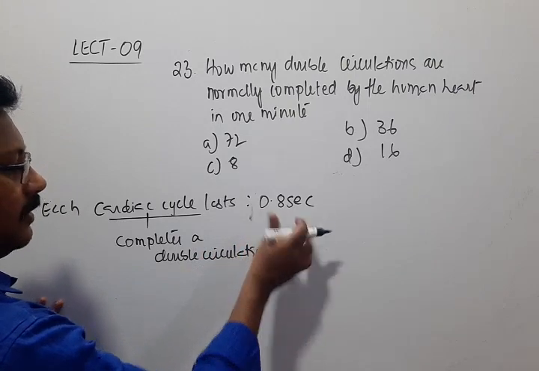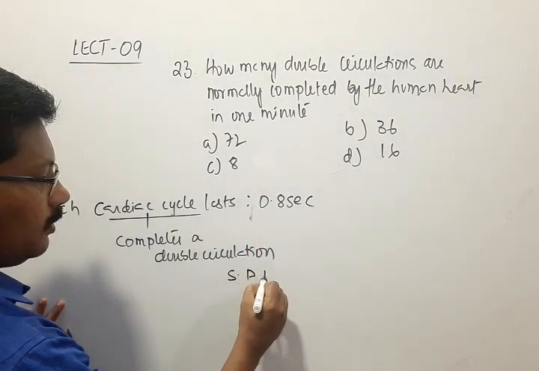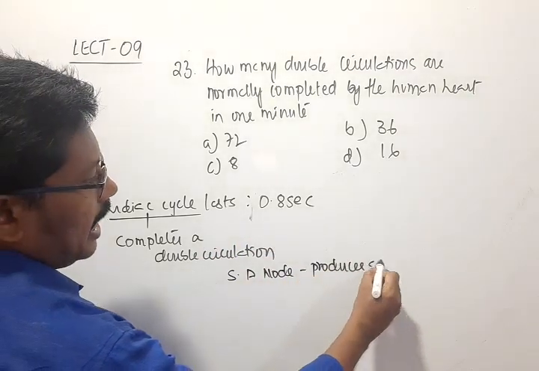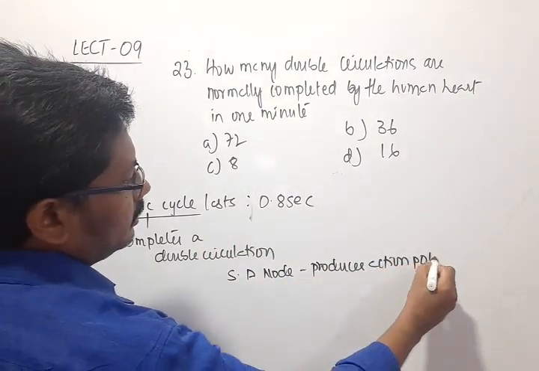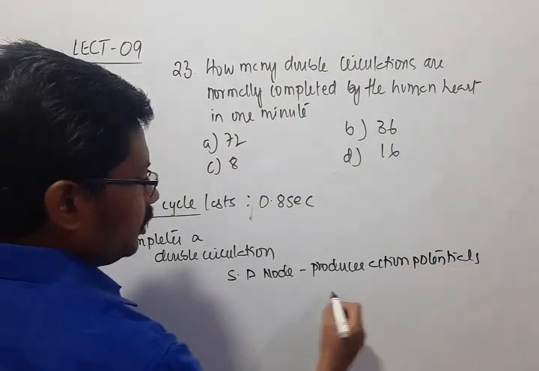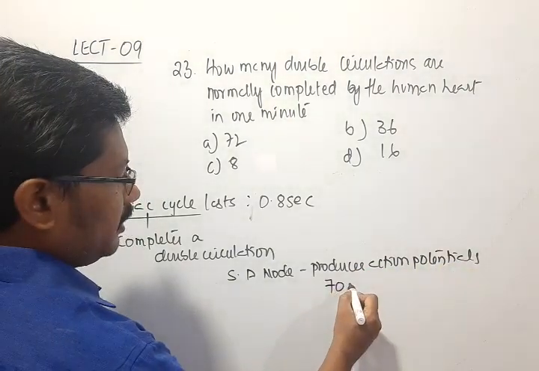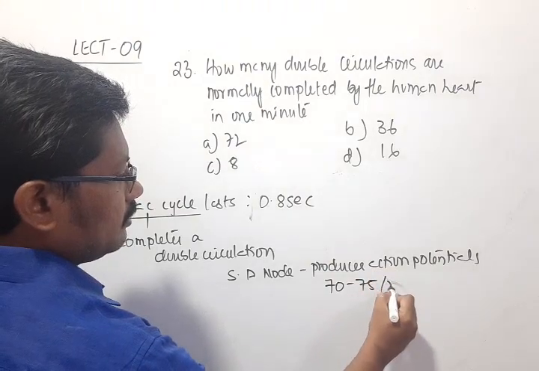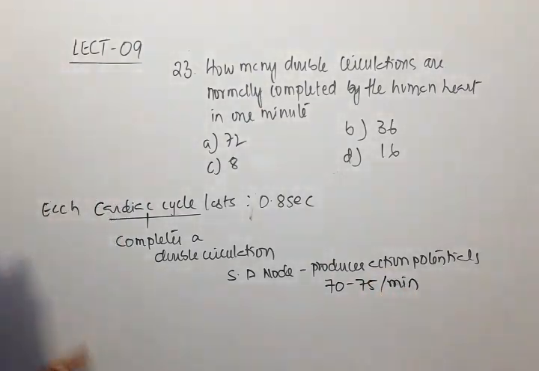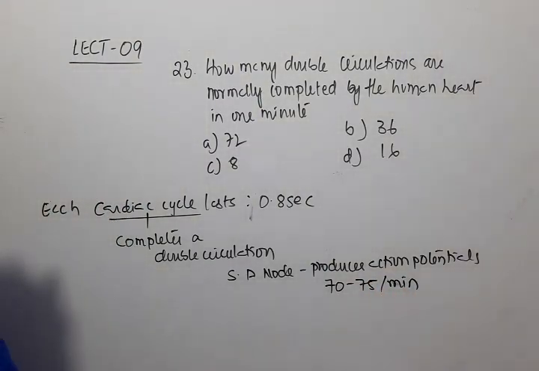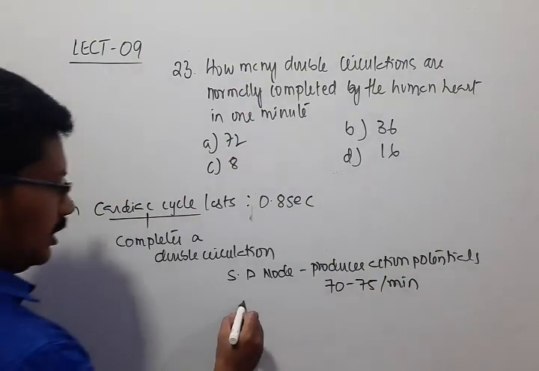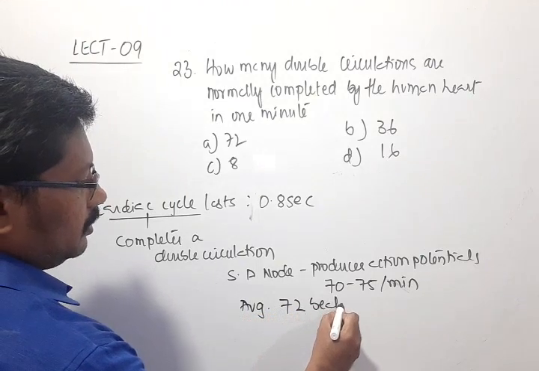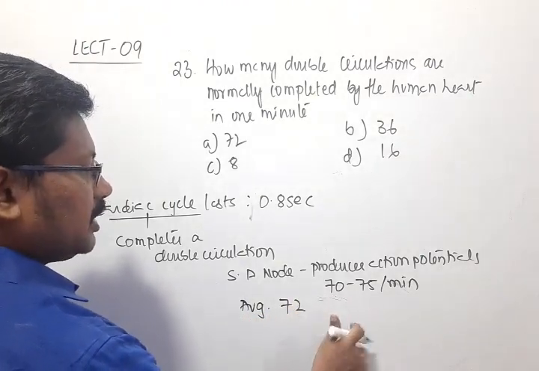Here we have seen that the SA node produces action potentials, between 70 to 75 per minute, and we have seen the average as 72 action potentials per minute.